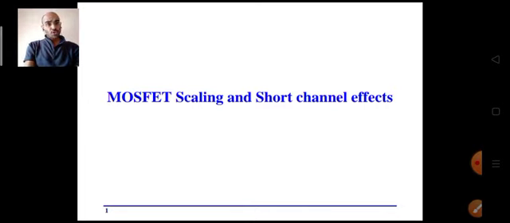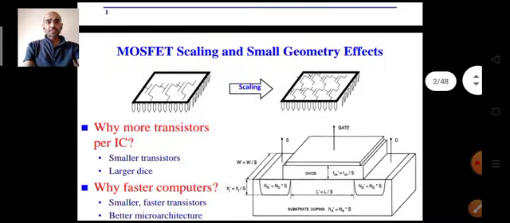Keeping that in mind, if the area becomes half, then the device dimensions also change, as we discussed in our first few classes, and how they change we will discuss today. If you change the device dimensions, how do the other parameters of the device get affected?